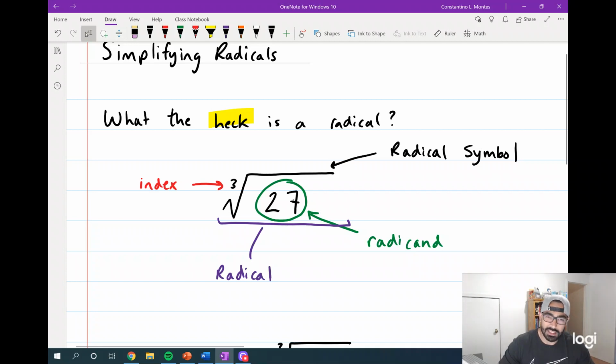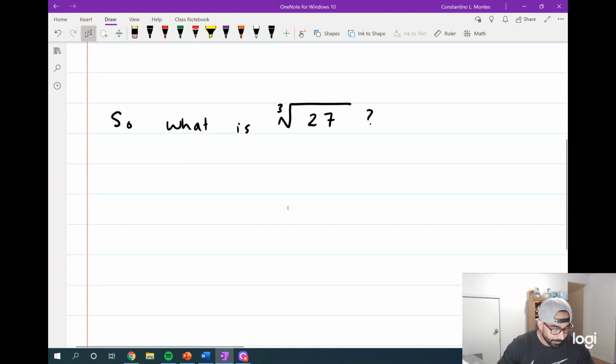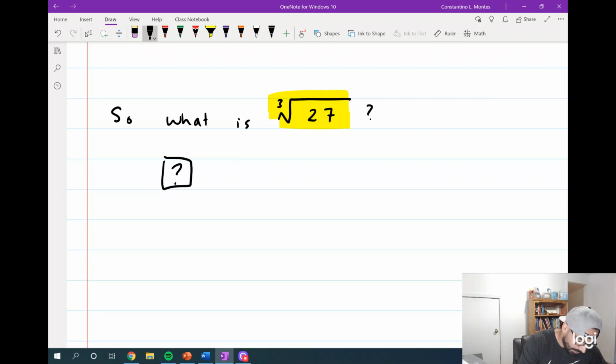So I guess something you might ask is, what is the cube root of 27? So let's scroll down right here. Well, here's what it represents. This thing right here represents the number, let's put a little question mark, that when I multiply it to itself, when I have 3 factors multiplied, as in I cube it, I end up with 27.